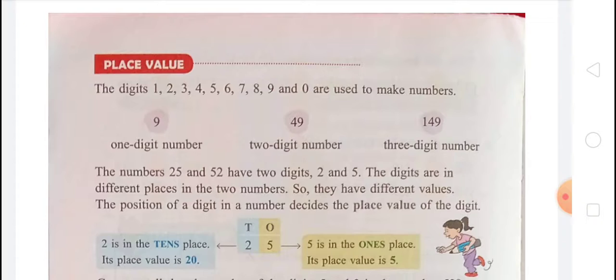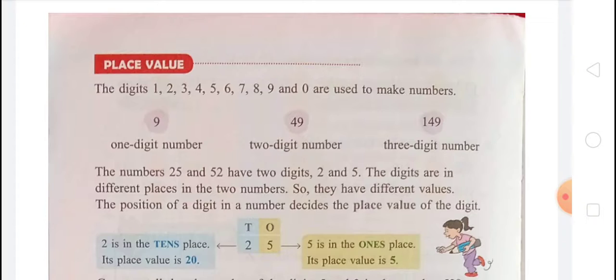The numbers 25 and 52 have 2 digits, 2 and 5. That means in both 25 and 52 there are the same digits, 2 and 5.